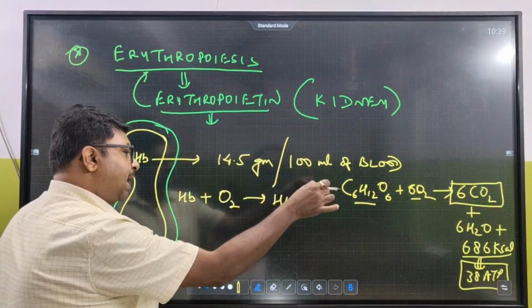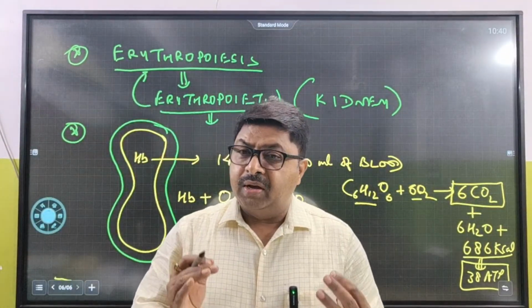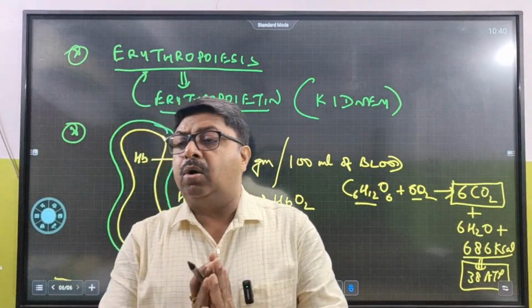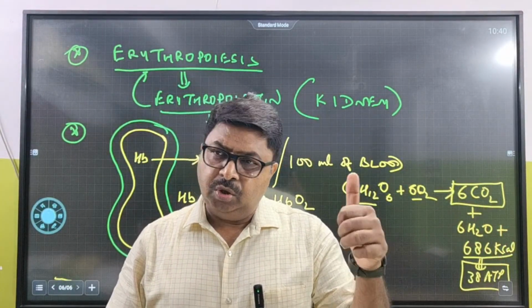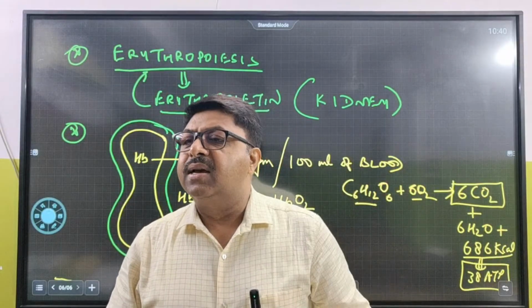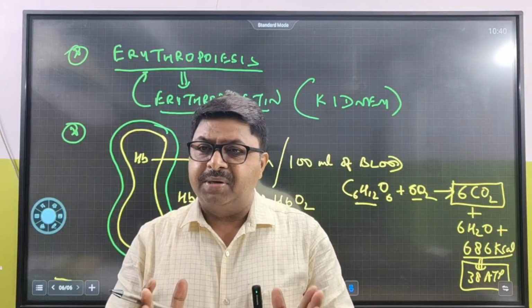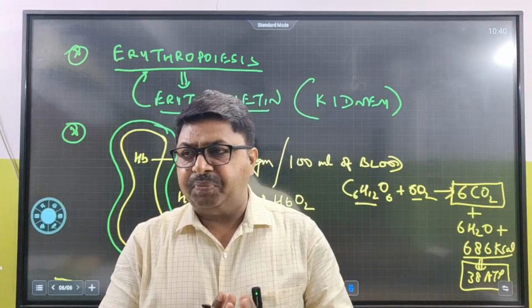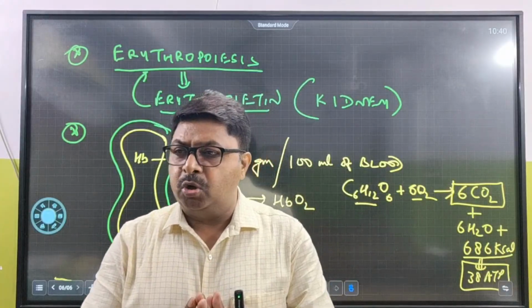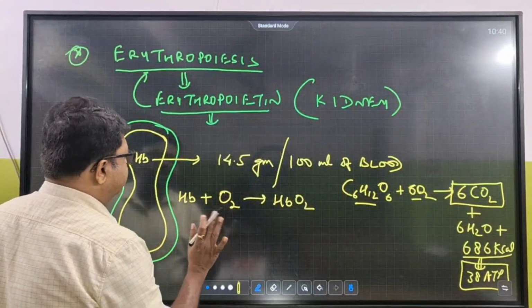So this carbon dioxide binds with hemoglobin to make what? Carbaminohemoglobin, and it carries the carbon dioxide out from the body. Though there is another means, and that is in the form of bicarbonates. 70-75% of the carbon dioxide is transported in the form of bicarbonates. Some amount is transported as carbaminohemoglobin, and some remains in the plasma in the dissolved state.